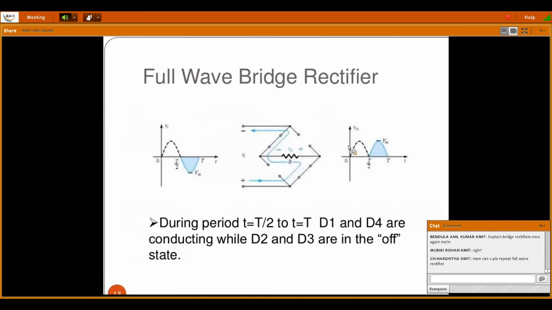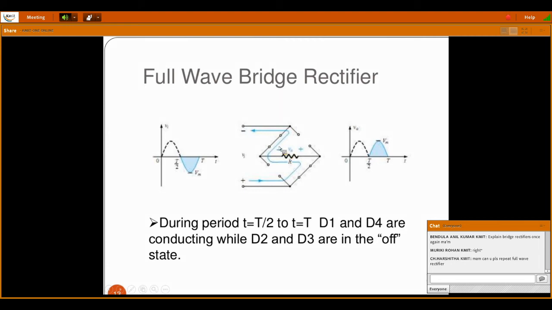During the negative half cycle, what happens? Diodes D1 and D4 are conducting, and the other two diodes are off. You can also see the current direction. The path is shown in the circuit diagram.